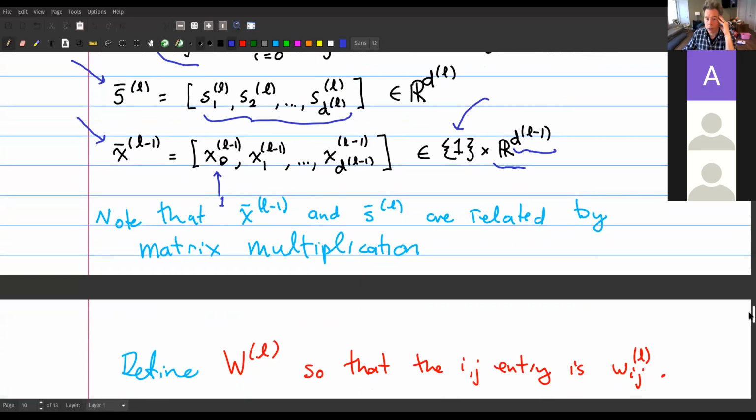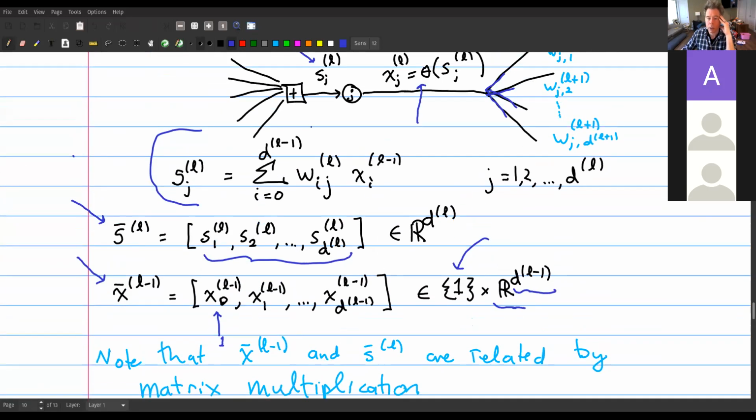Okay, this gives you a big clue that there's going to be some matrix product coming. This j here is fixed, and this j is fixed. So this is like the dot product of x bar with some vector, which is these w's with i varying and j fixed.